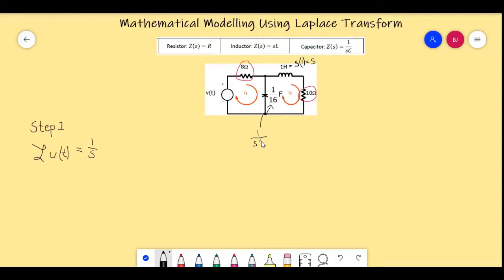Putting this at the top, as the reciprocal, our capacitance would therefore be equal to 16 over S. So this would now be 16 over S, and the inductor would now be equal to S.